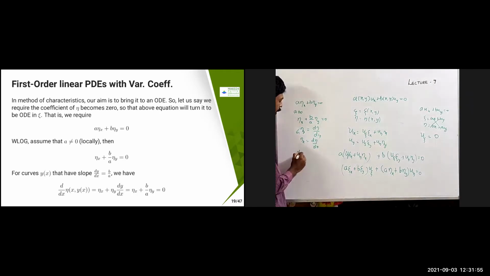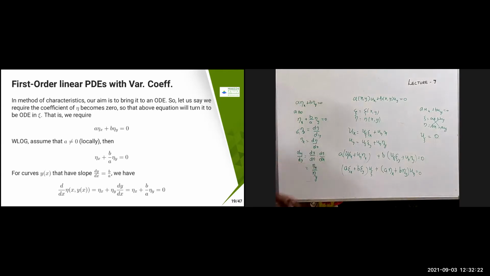So that means what is dy by dx? dy by dx I can write as dy by d eta into d eta by dx. So dy by d eta is nothing but eta x divided by eta y.